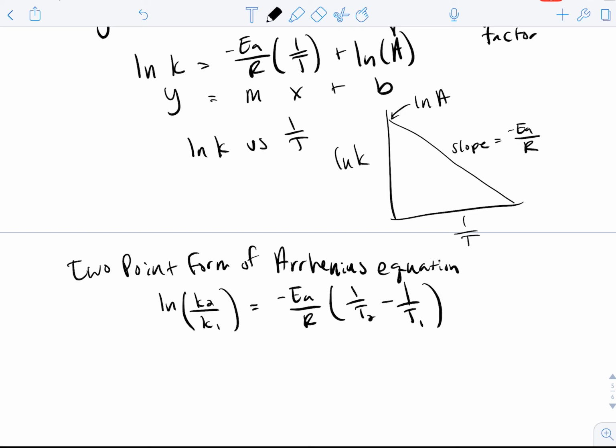With our 2-point form, we can take rate constants at different temperatures and figure out our activation energy, or we can use it as a predictive tool to figure out what a rate constant would be if we have our activation energy and 2 different temperatures. Okay, so this is going to be the most common form you will use in this class.